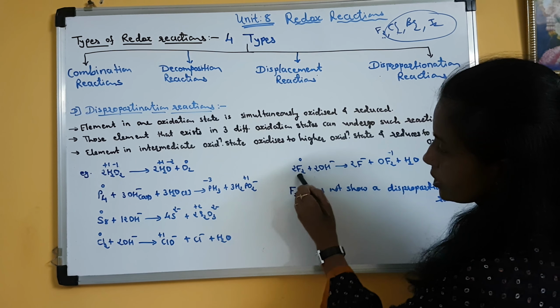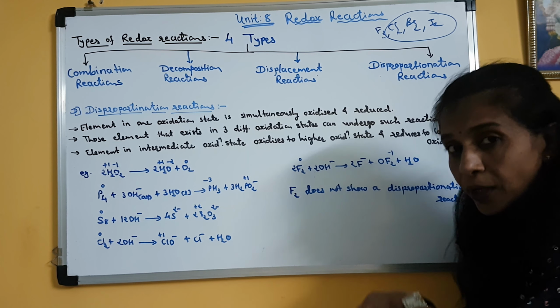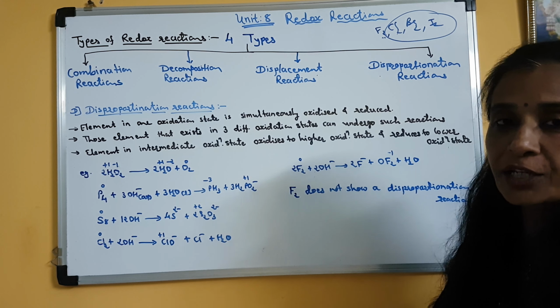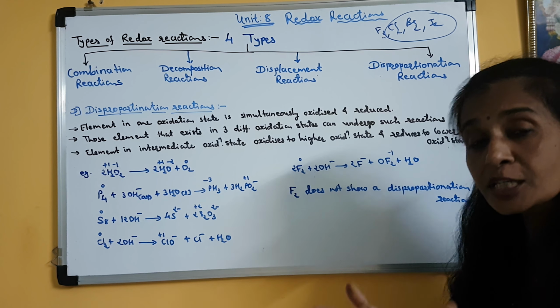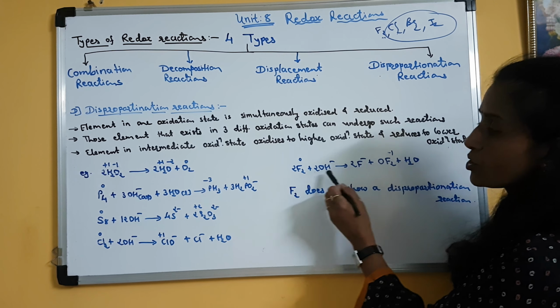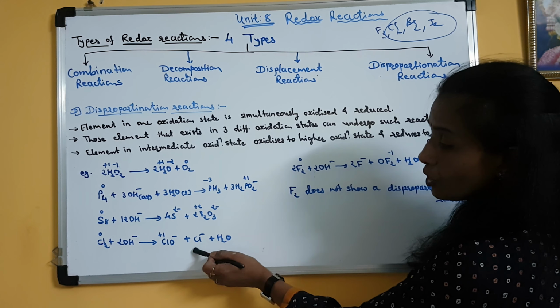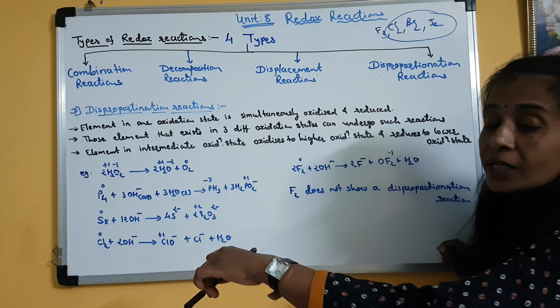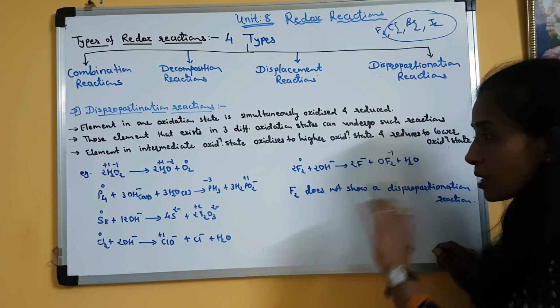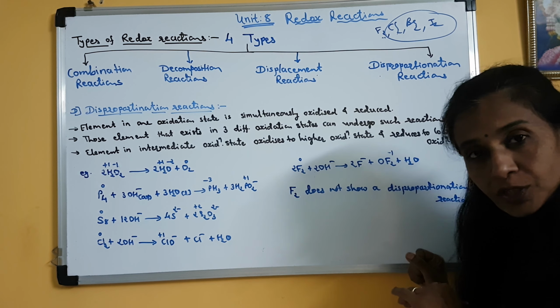You may be given these two reactions, and you can be asked which of the following is a redox reaction and which is a disproportionation redox reaction. These two are redox reactions, but the reaction of chlorine is a disproportionation reaction also. This reaction, though it is redox, is not a disproportionation reaction.